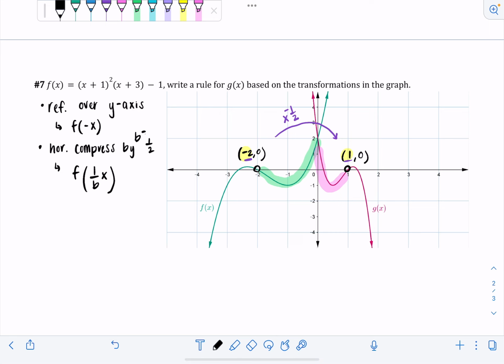So b would be 1/2, but 1/2 isn't the thing that we put in there. B is 1/2, so we'd have to put 1/2 in there and then simplify. So I'm going to do it off to the side, not within the f of x part. So it'd be 1 over b, and b is 1/2.